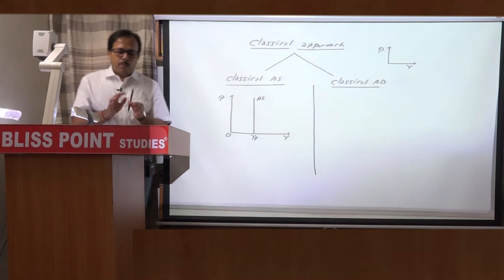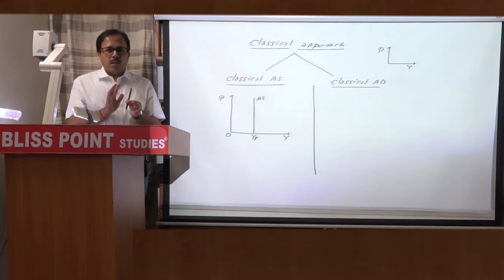So this pen is real. The price of this pen will be nominal. This class is real. The fee for this class will be nominal. That is, price will be nominal.